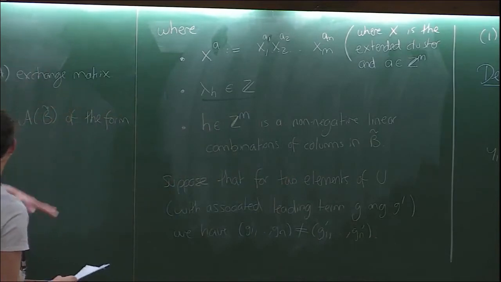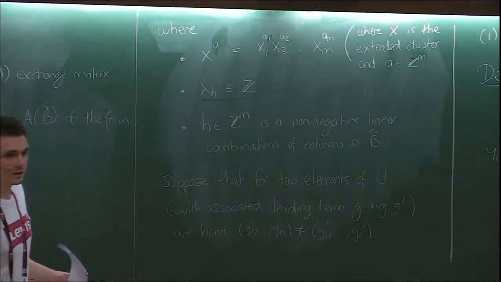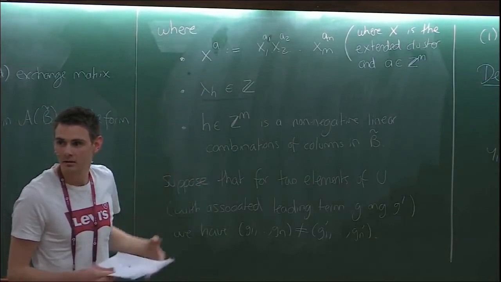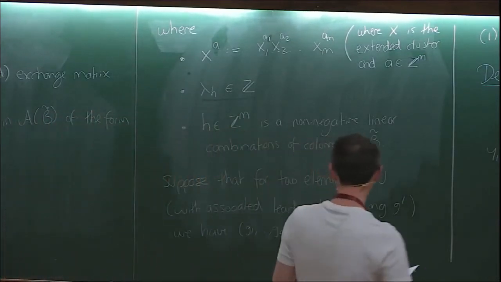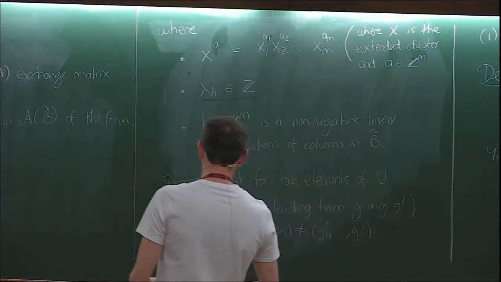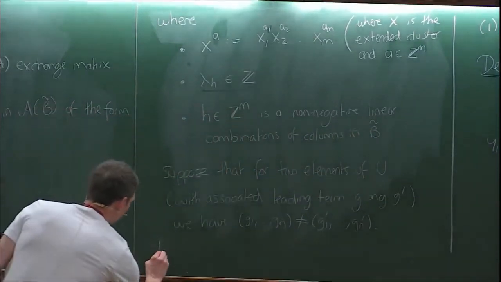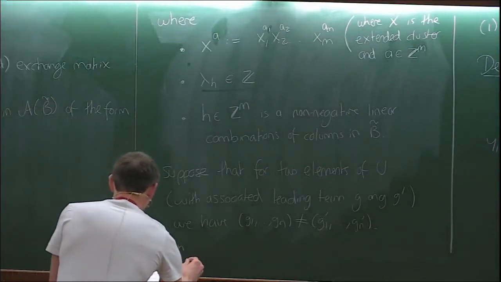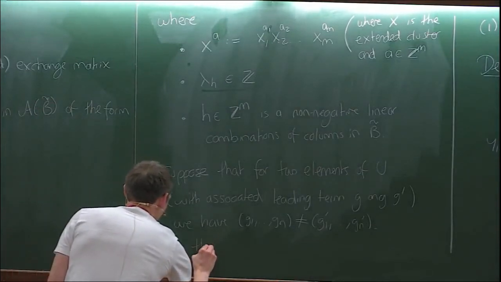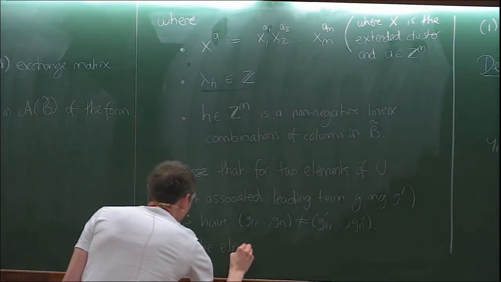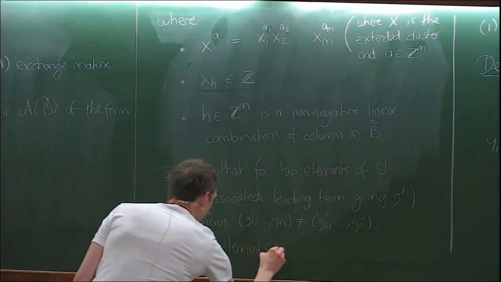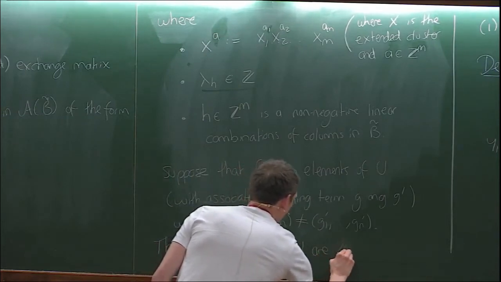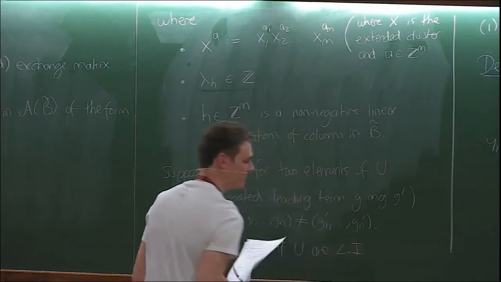And the claim is that if we have all of these things, then the set of elements U are linearly independent. So I guess I can fit it in at the bottom. Then the elements of U are linearly independent.